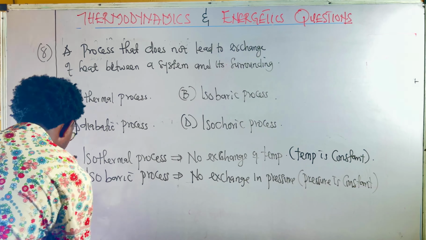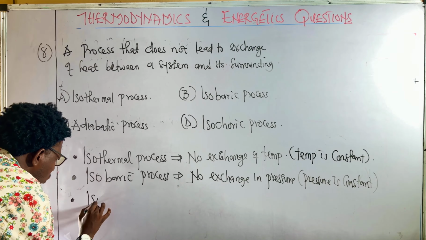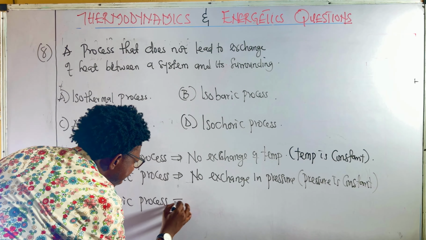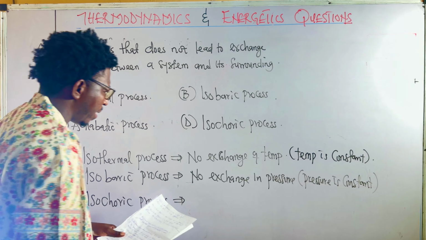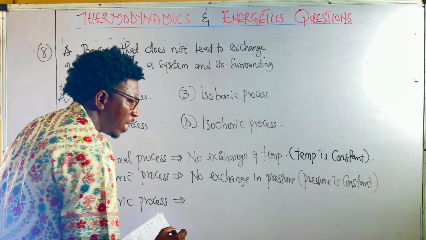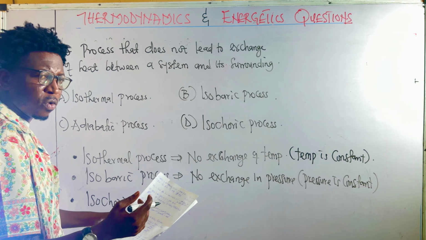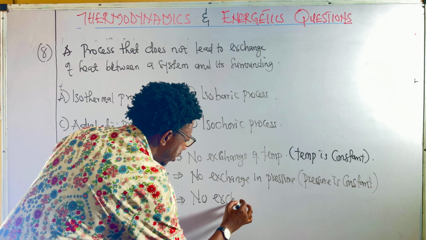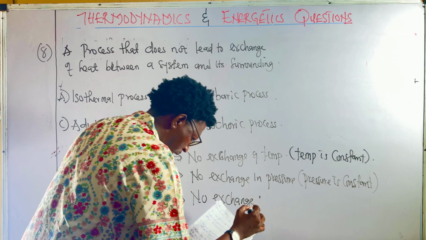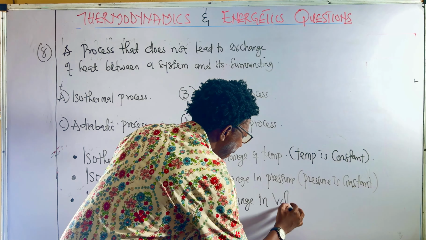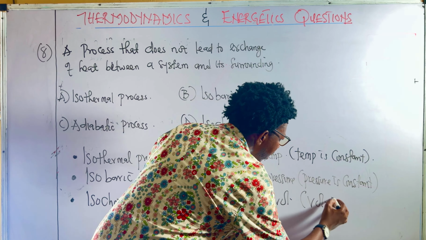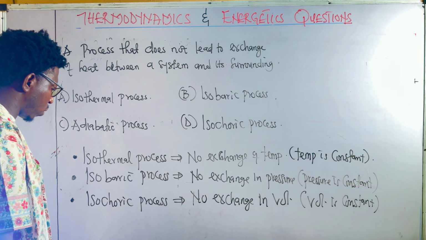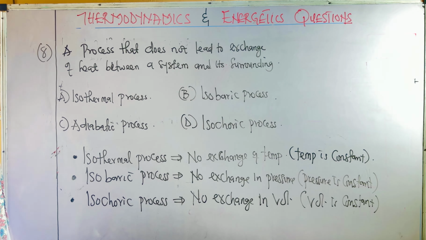Now we move to the next one, isochoric process. Any process in a system that does not lead to exchange of volume. No exchange in volume. So we say volume is constant. Such a process is called isochoric process.